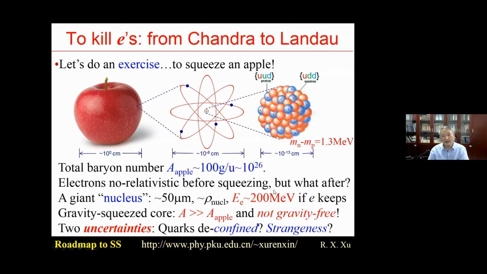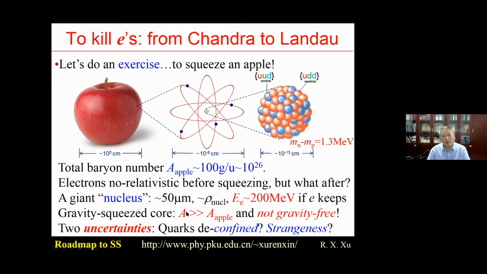And as I told you, for core-collapse supernova, gravity is not free. If you squeeze an apple, gravity is free, but for core-collapse supernova, gravity dominates. So the density could be higher than nuclear density, and the baryon number is not 10 to the 26, but 10 to the 57, as I told you.